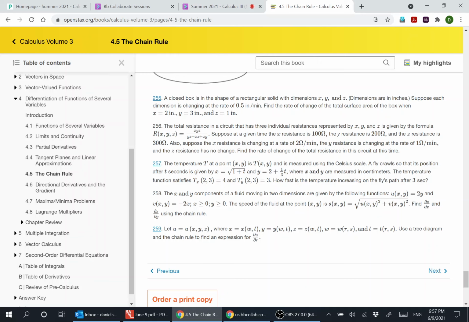What is the significance of the t equal to 3 seconds? Where is the fly, x and y, at t equal to 3 seconds? At x equals 2? Yeah, x equals 2, y equals 3.